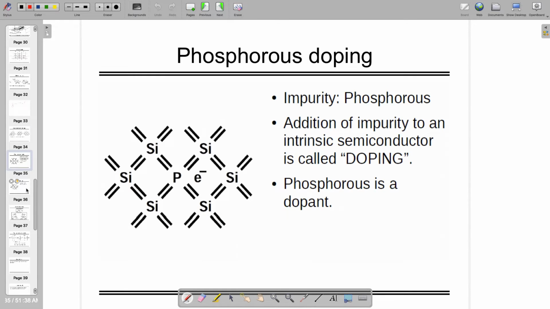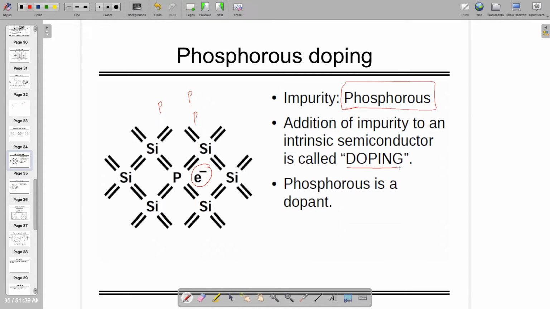So the next thing is phosphorus, which is coming from column number 5. This is known as phosphorus impurity. Coming from column 5, it has one extra electron, right? Not only 4, but it has a fifth electron. If you are adding so many phosphorus atoms, not only this one, adding them is known as doping.